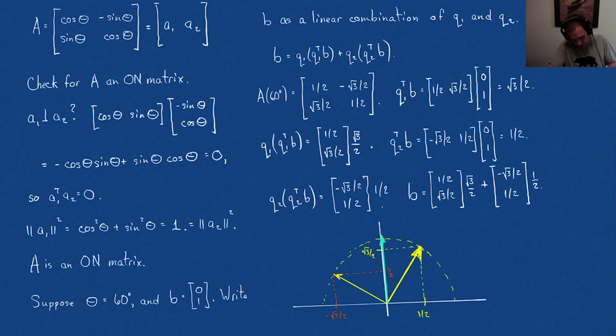And so what does this say? It says that you take the Q1 vector and you scale it by the square root of 3 over 2, which is about, let me double check, square root 3 divided by 2, 0.86. So this is about 0.86 of Q1.